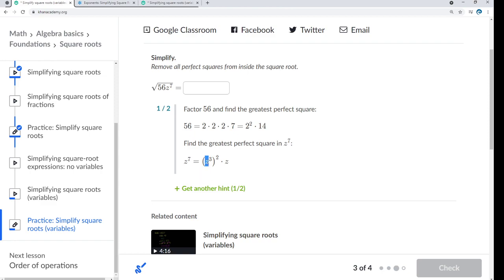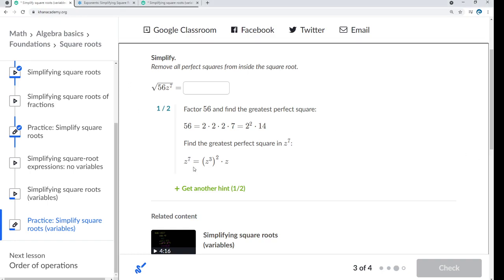It's z to the 3rd, raised to the 2nd power, so that's kind of like 6. And then it's times z, so that's where the 7th one comes in. I guess I just don't understand what greatest perfect square means, and that's why this is hard for me to break down.